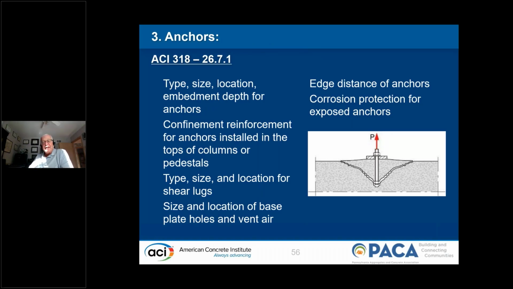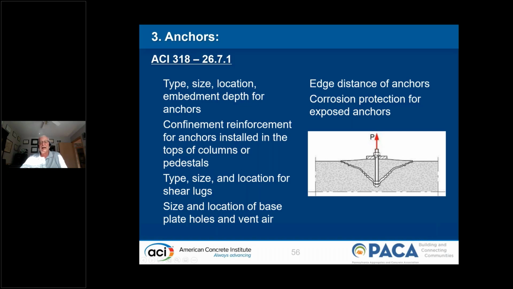Then we have to look at anchors. The importance of getting anchors done properly has increased because of some problems that were being experienced in the field. So provisions are now in ACI 318 to make sure anchors are being properly placed. When we're looking at anchors, we're creating a pull-out area where the concrete will fail.